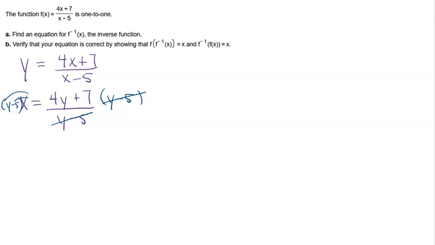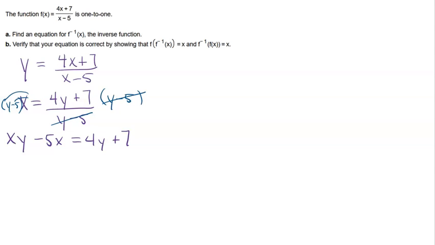Okay, so this is going to give me xy minus 5x on the left equals 4y plus 7 on the right. Now again, notice that I have a y on the left side of the equation and a y value on the right. If I'm solving for y, both of those terms need to be on one side of the equation. So what am I going to do?